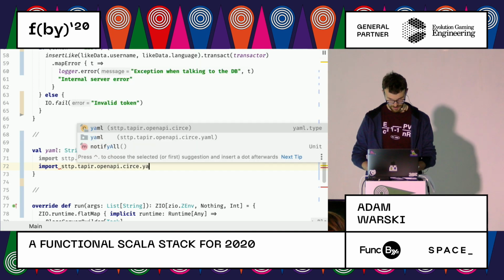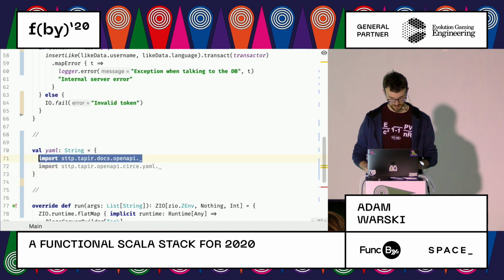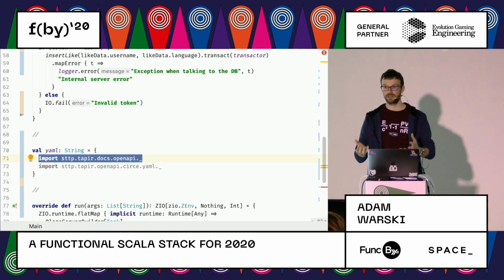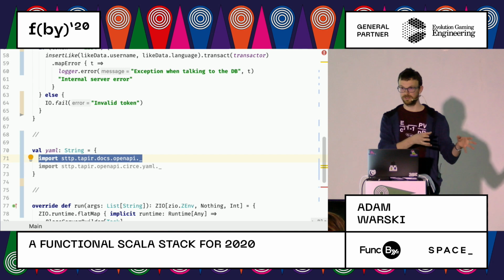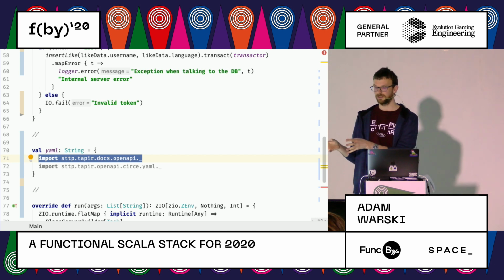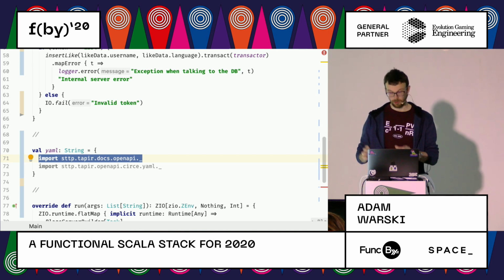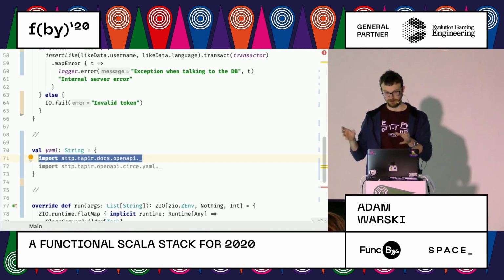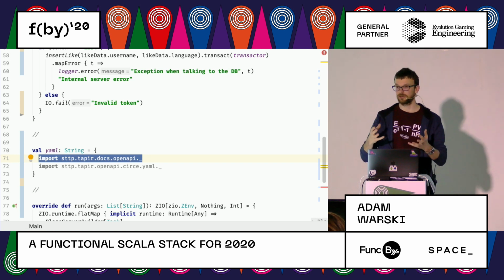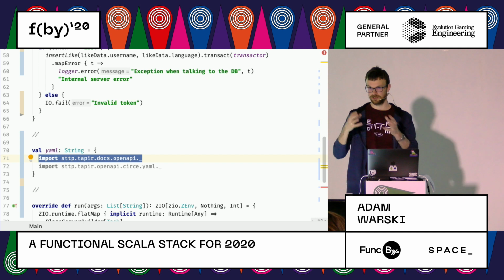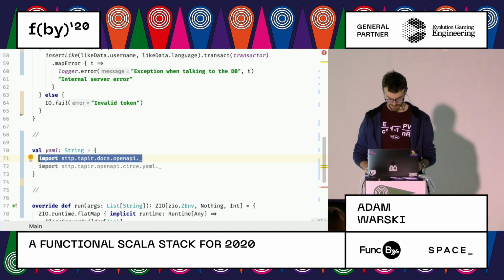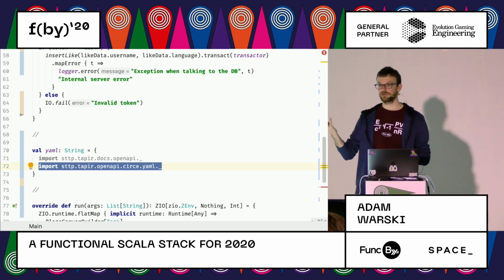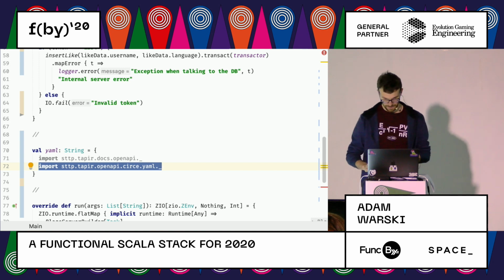Circe YAML. So we need 2 imports. That's the imports to actually bring in the interpreter for converting the endpoint into an OpenAPI data structure. And the OpenAPI data structure is like a reification of the whole OpenAPI specification as Scala case classes. And that's the serializer of the data structure into YAML.